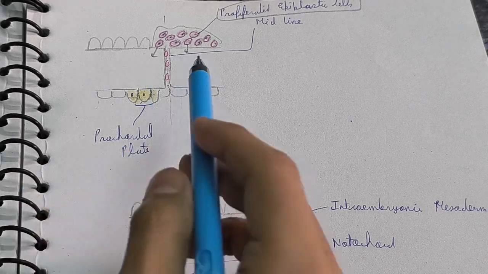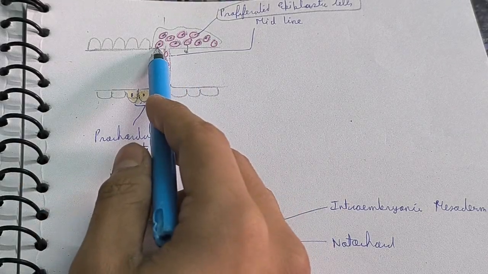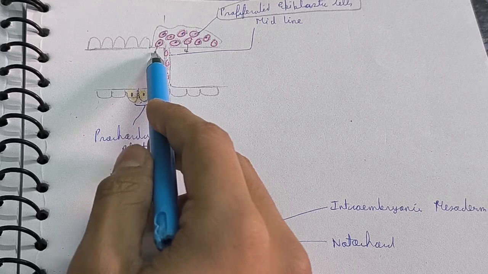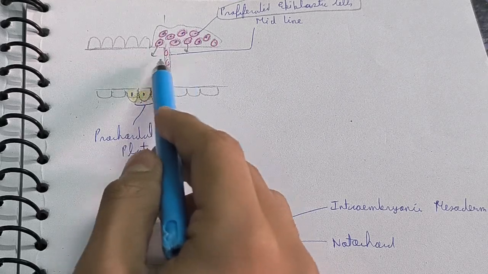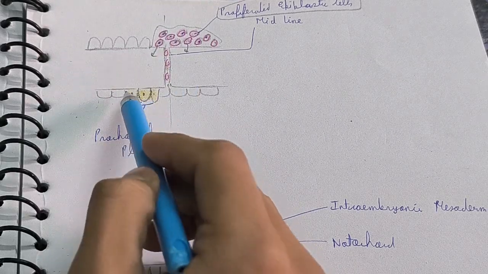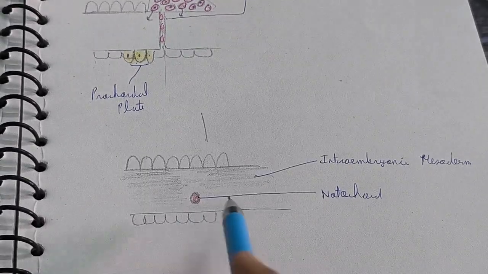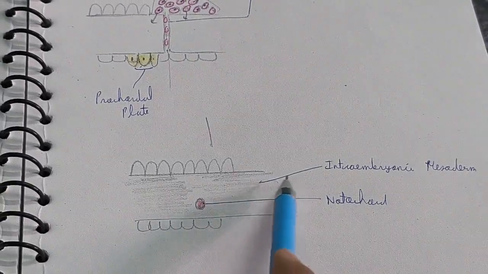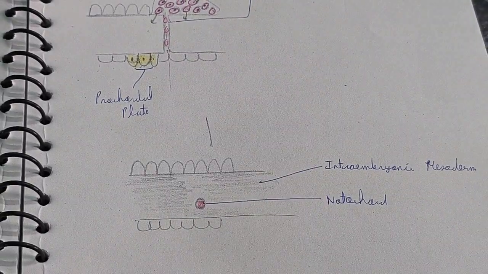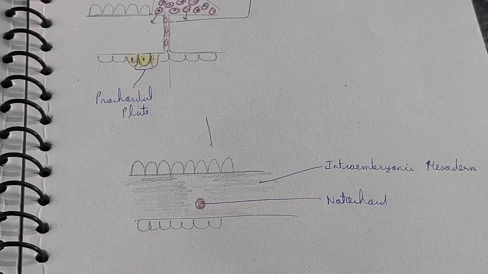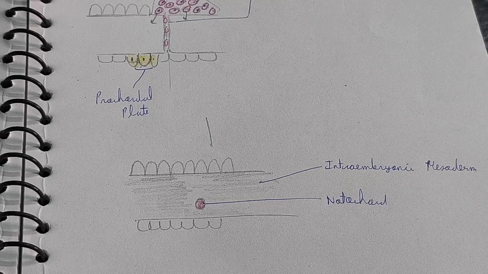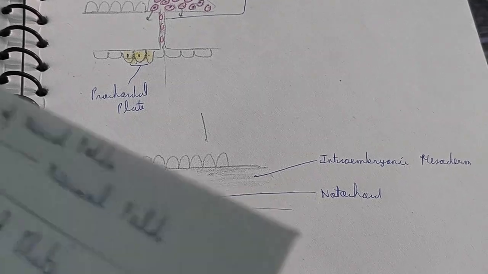But simultaneously, some of the proliferative epiblast cells also migrate in the interval space between the epiblast and hypoblast, and this leads to the formation of intraembryonic mesoderm, and therefore the formation of both notochord and intraembryonic mesoderm takes place simultaneously, and that is the point that I want to cover here.